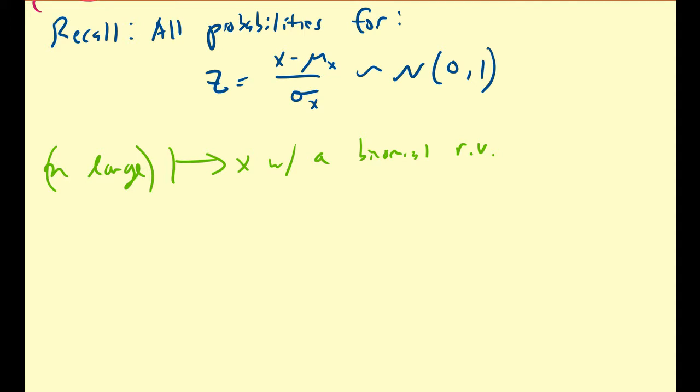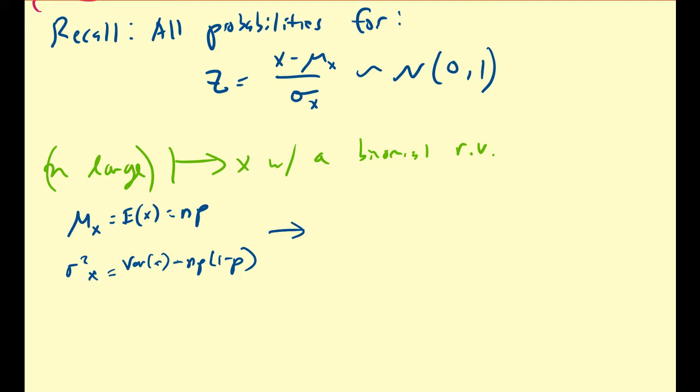So if that is true, well, mu_X is the same thing as writing the expected value of X, which is equal to np. And also, sigma squared X, which is the same thing as writing variance of X, is np(1 minus p). So from these two things, we can find that mu_X is equal to np, and sigma_X is equal to the square root of np(1 minus p).